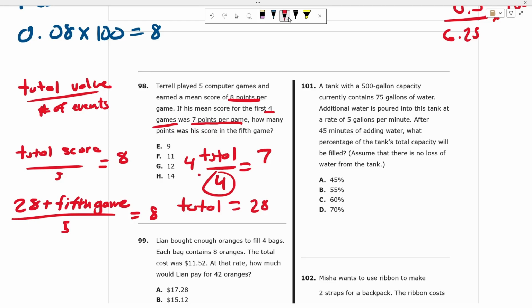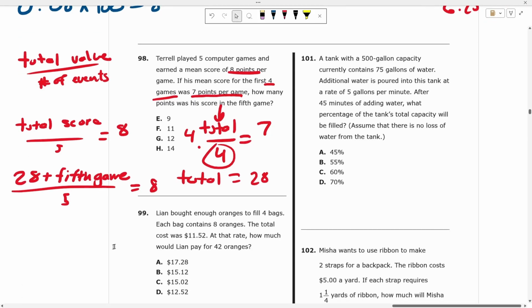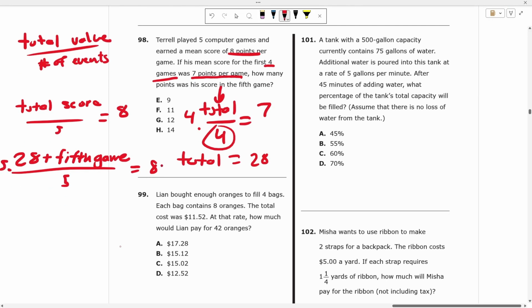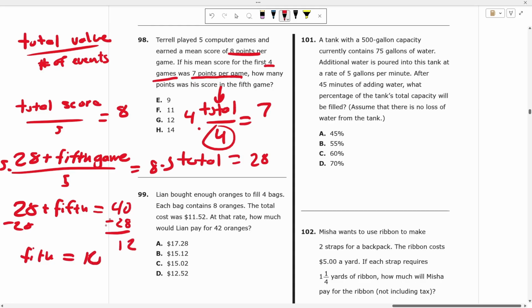Because we know that his average for the 4 games was 7. Which means that whatever the total was divided by 4 is equal to 7. The only number that makes that true is 28. Okay, so 28 plus the 5th game, divided by 5, is equal to 8. Multiply both sides by 5, and you get that 28 plus the 5th game is equal to 40. You subtract 28 from both sides, you get 12. So on the 5th game, he had to get 12 points, which is choice G.